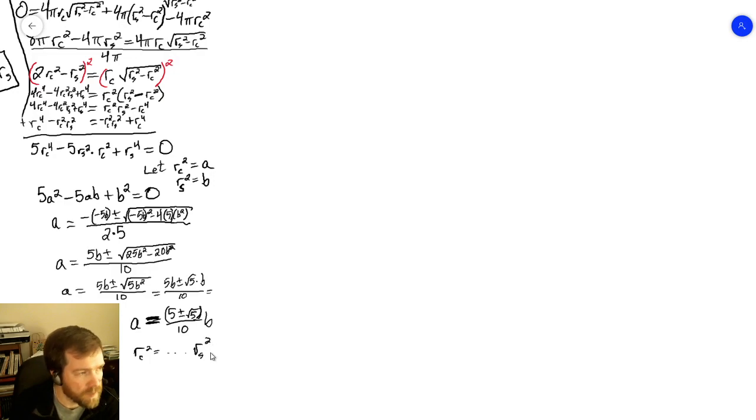That was times RS squared, which is B. And then we can say that the radius of the cylinder needs to be the square root of that thing. 5 plus or minus root 5. That's nested. I hate those. Over 10 times the radius of the sphere.